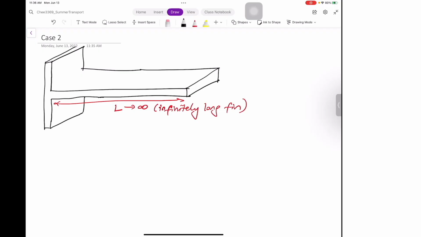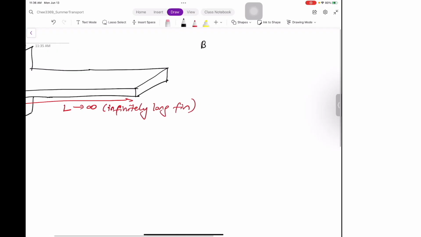So what are going to be our boundary conditions this time? The boundary condition 1 is at x equal to 0, T is equal to T wall, or in other words, psi is equal to 0, theta is equal to 1.